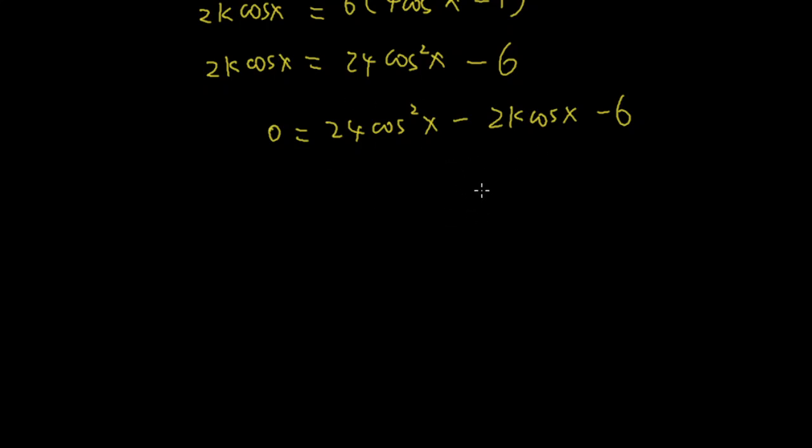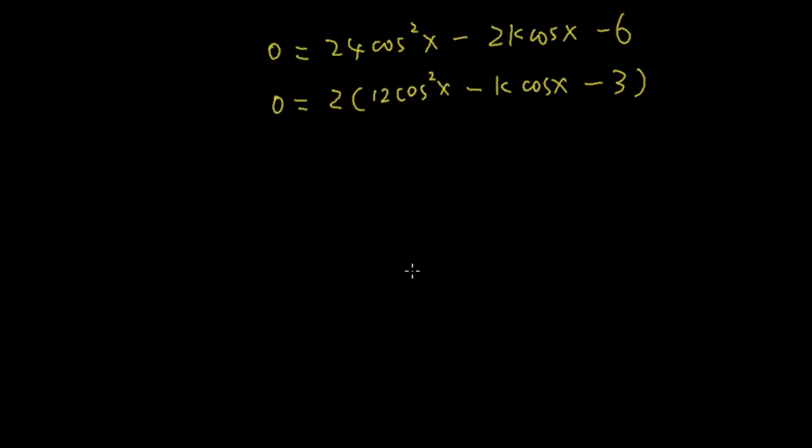And how do we do that? Now think about that. There's a common factor of 2 here. We can factor the 2 out. So 0 equals 2 times 12 cosine squared x minus k cosine x minus 3.